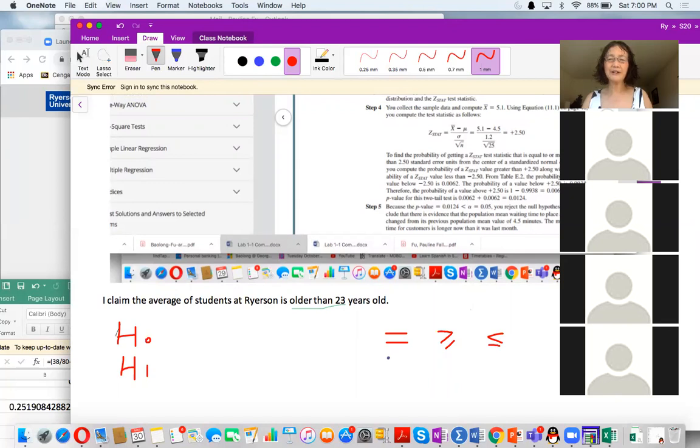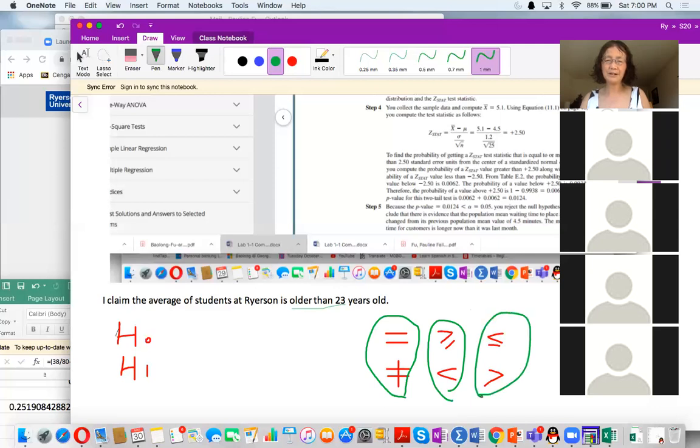H0 can only be one of those. H1 only has not equal, smaller, or greater. And H0 and H1 you have to pair together. These two always pair together, and these two, and these two.